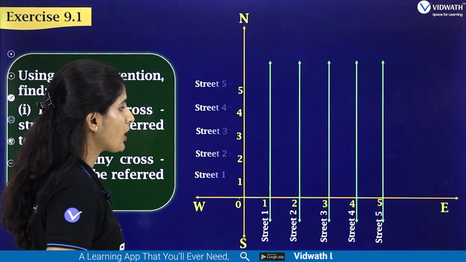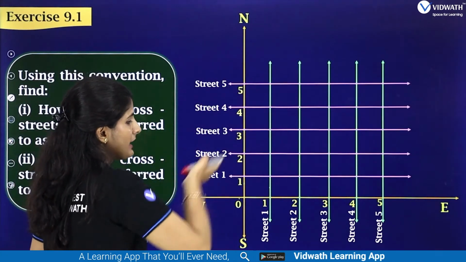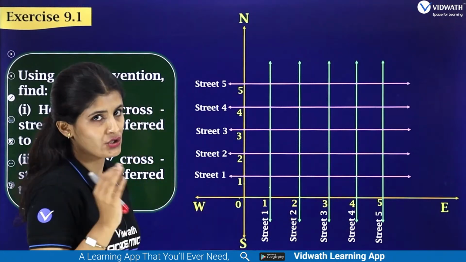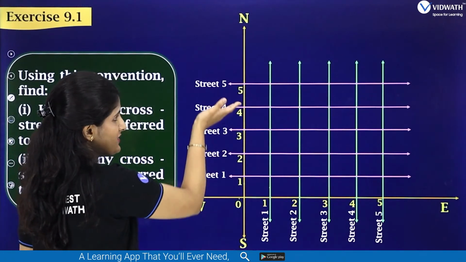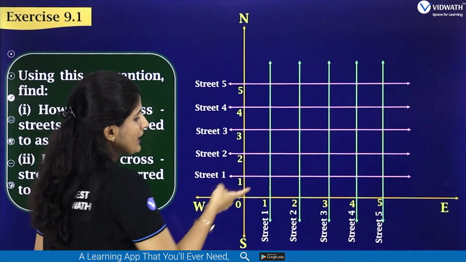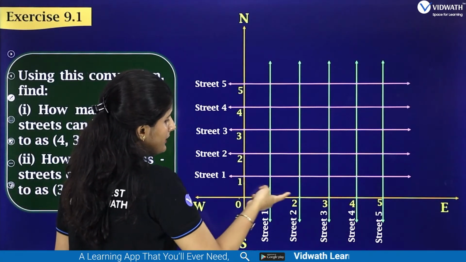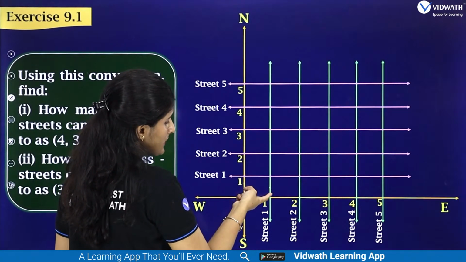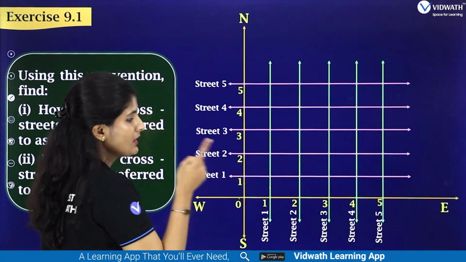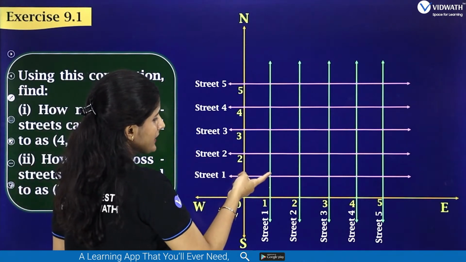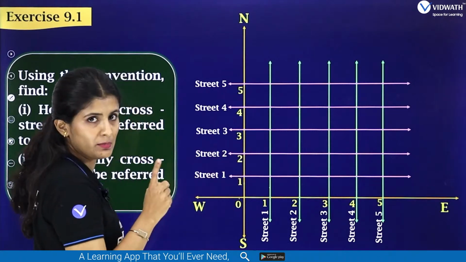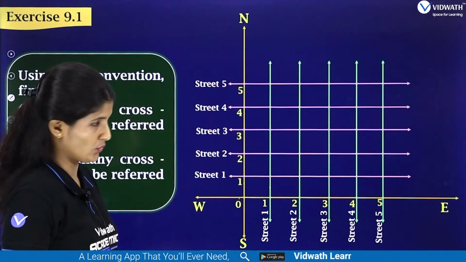Similarly, we will next draw streets that are parallel to the east-west direction road. We have 5 such streets. Here again, the distance from the main road in the east-west direction to street 1 is 200 meters. From street 1 to street 2 is 200 meters, and it continues so on.